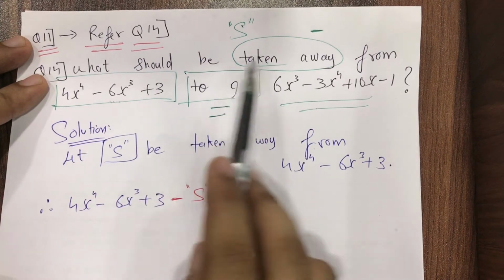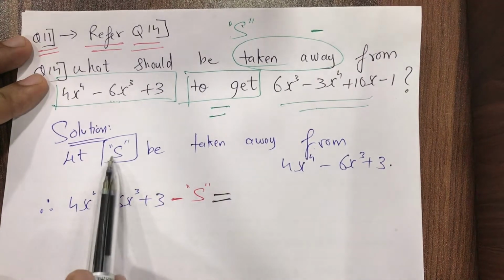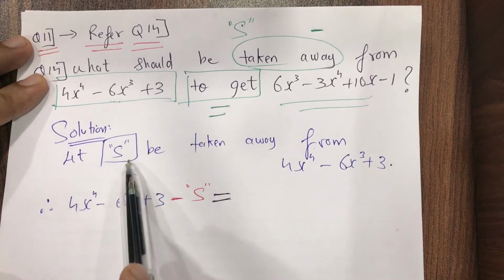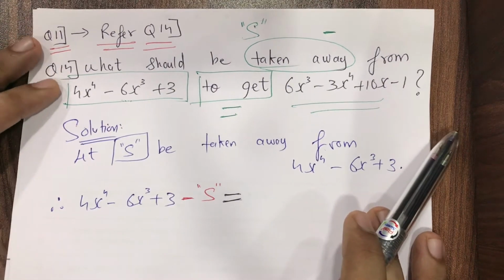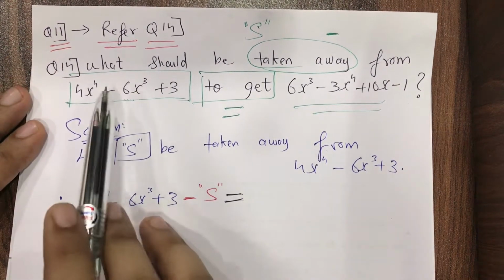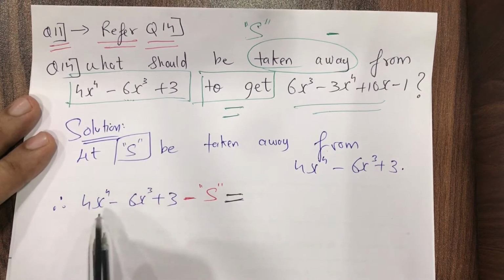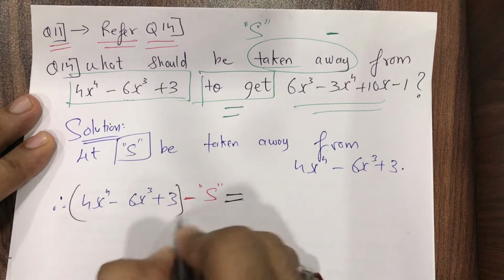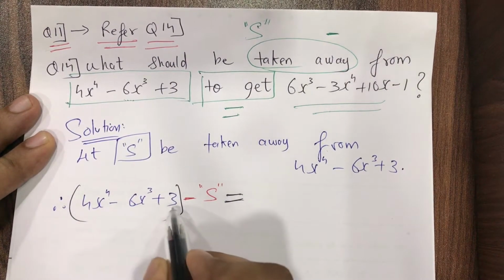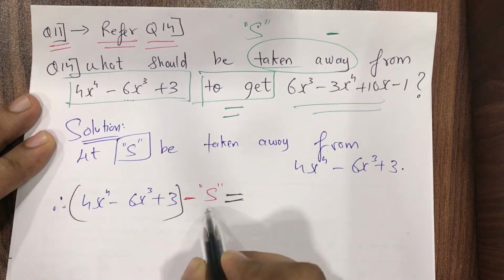So what should be taken away? We suppose let capital S be the variable which will be taken away from 4x raised to 4 minus 6x cube plus 3, so 4x raised to 4 minus 6x cube plus 3 minus capital S to get.